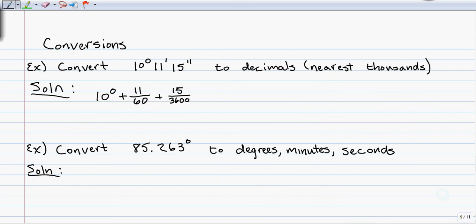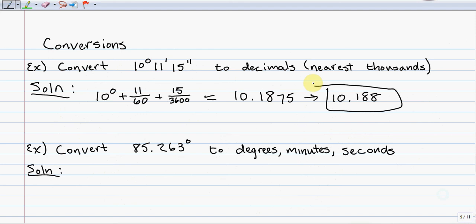This is just pure calculator work, and you can take out your calculator and add these things up, which I'll do right now. And we do again 10 plus 11/60 plus 15 divided by 3600, and we get 10.1875. But it says to round to the nearest thousandth. Okay, so when we round this, we're going to get 10.188. We'd round up on that last digit.